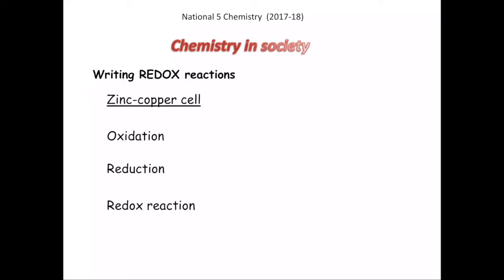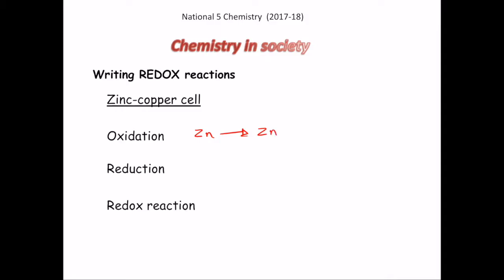Now you have an exercise in which I expect you to write the complete redox reaction taking place in a zinc copper cell. You can pause the video here, complete the reaction, and then come back and check your answer. Now we know that zinc is above in the metal activity series and copper is at the lower end. So zinc undergoes oxidation.